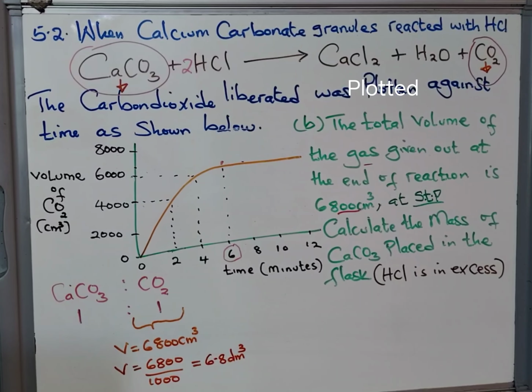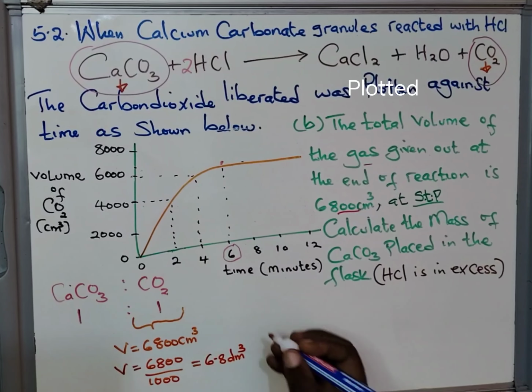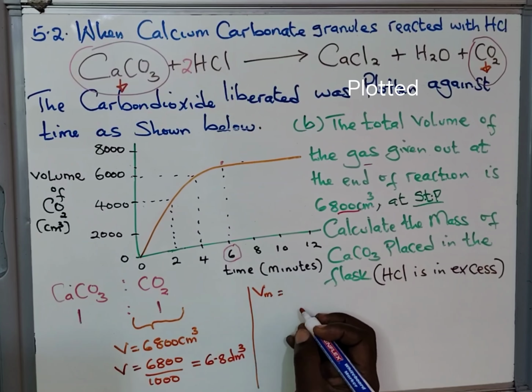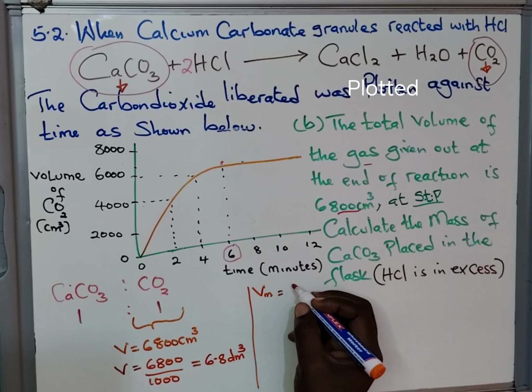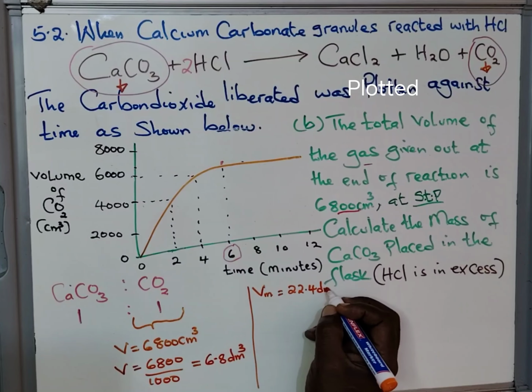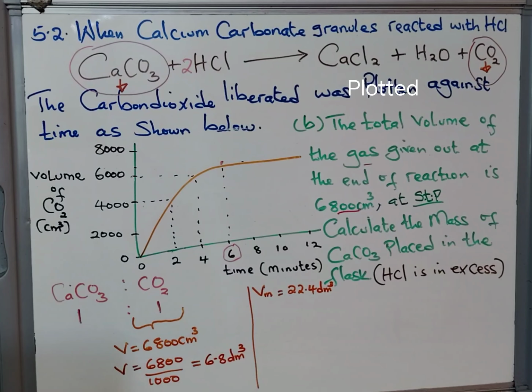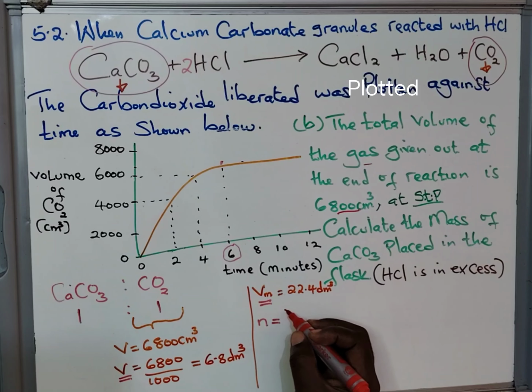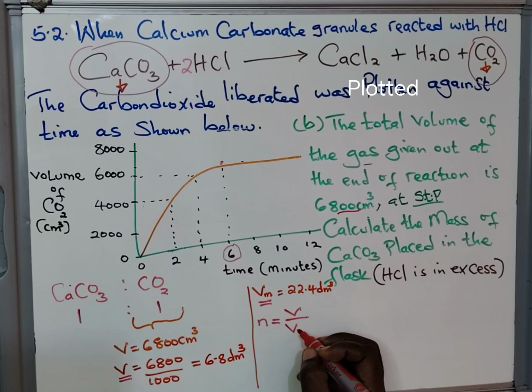But we also know something else. We know the molar volume of the gas at STP, and it is 22.4 cubic decimeter. So what do we do under that circumstance? When you have the volume of the gas and the molar volume, then you can use Avogadro's law, which says that n is equal to the volume of the gas over the molar volume of the gas.